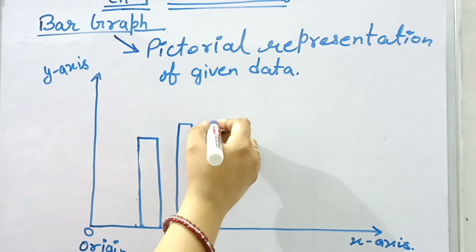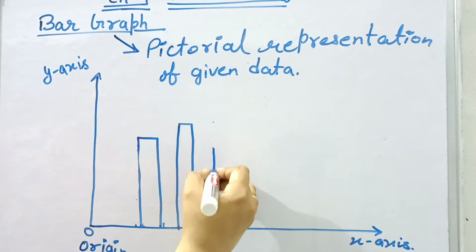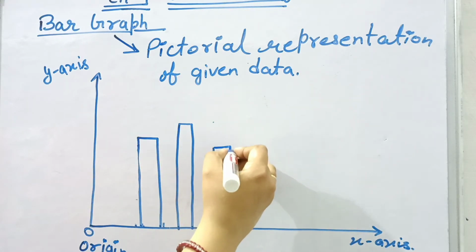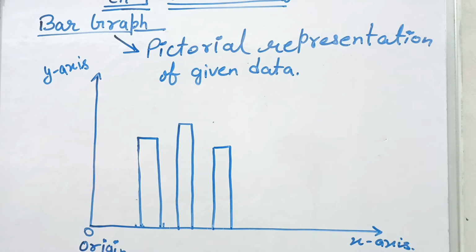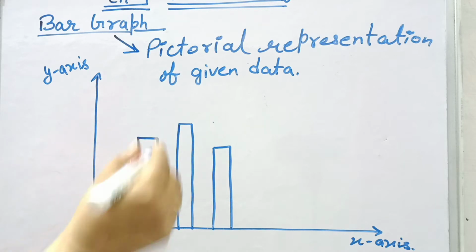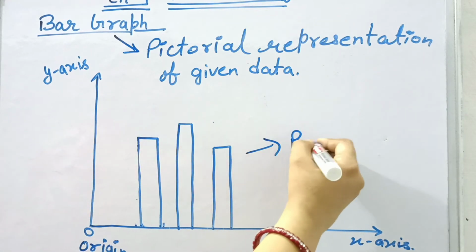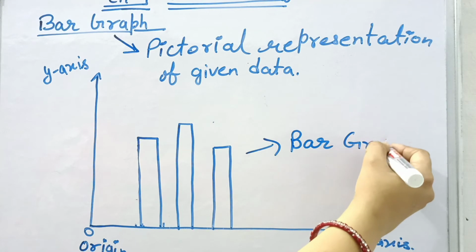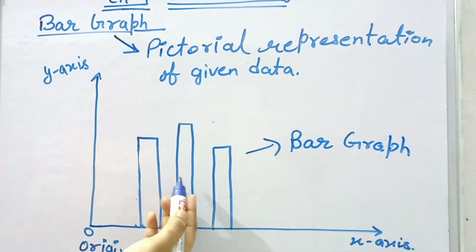This is another bar. If any of the data is represented in this form, then we will say that we have a bar graph of given data. This is known as bar graph, because we are plotting different bars on a graph paper to represent any data.